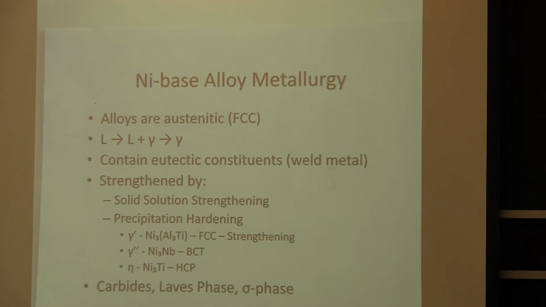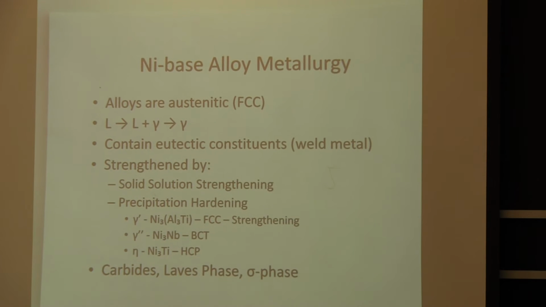Precipitation hardening is also a main strengthening mechanism in nickel-based alloys, and there are various precipitates that form depending on the alloy you're using. One of the most common is gamma prime, a nickel, aluminum, titanium precipitate. It's a strengthening precipitate that makes these alloys very hard, and it has a face-centered cubic lattice structure.